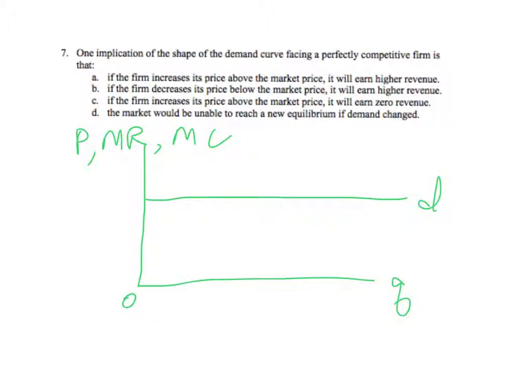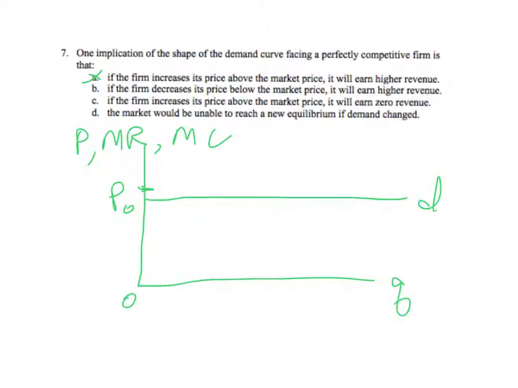And that means if the firm tried to charge a price higher than market price, remember there's zillions of firms producing homogeneous products and consumers have perfect information about that fact. Well, why would I pay one firm $10 for a good that I can get from another firm at $9? I simply wouldn't. So a firm that's trying to increase its price in a competitive market would lose all sales and its revenues would go to 0. So it certainly wouldn't earn higher revenues.